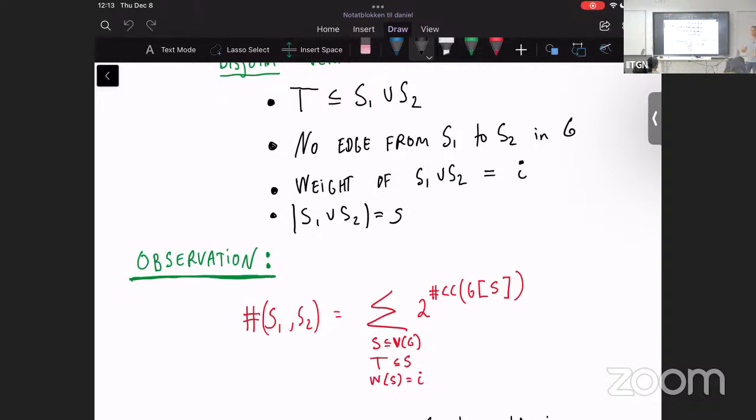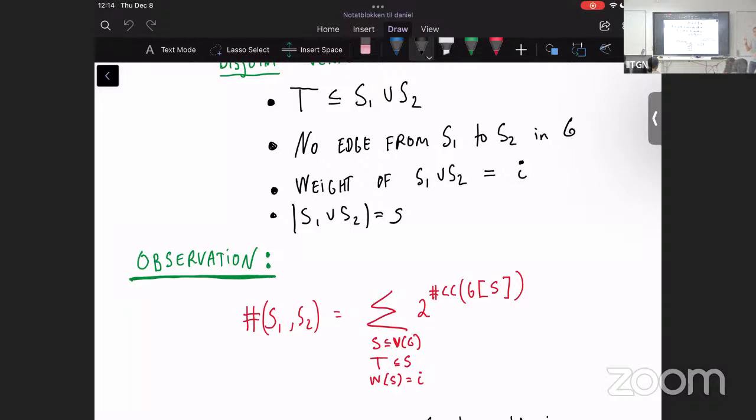Yeah, so if I give you a set S that contains all the terminals and has weight exactly I and has size exactly S, then the number of pairs S1, S2 that are disjoint such that their union is precisely S, and there is no edge from S1 to S2, is exactly 2 to the power the number of connected components of G induced by S. For a Steiner tree, S has to be connected. 2 to the number of 1 is 2.